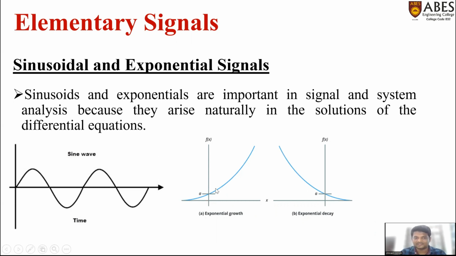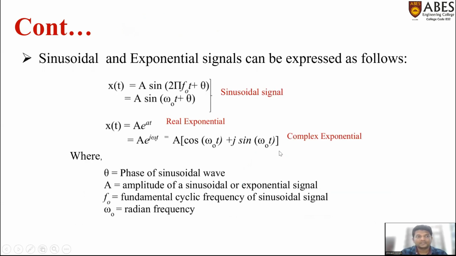That increasing and decreasing depends on the value of this small a. If the value of small a is positive, then the function will increase exponentially. And if it is negative, then the function will decrease exponentially. Now the basic mathematical expression for these two signals, sinusoidal and exponential. x of t equal to A sin(2 pi f naught t + theta).